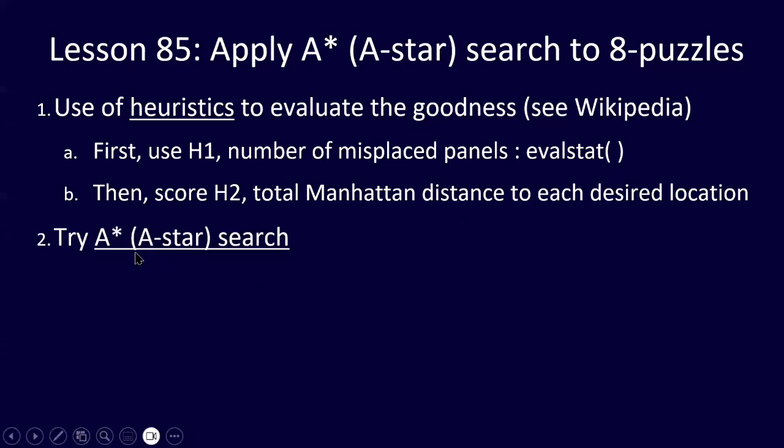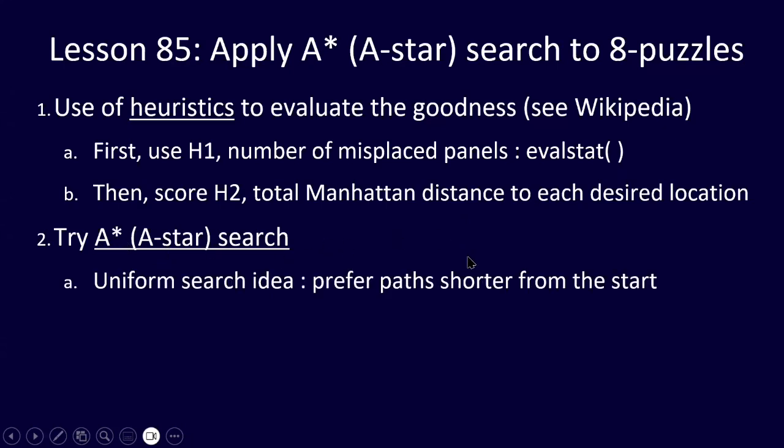Really good name, A star, A asterisk, A star. So what is it like? It borrows from two different approaches and combines them. From uniform search, we found that we should prefer paths shorter from the path start.